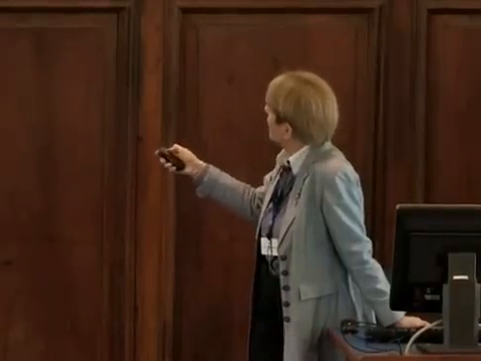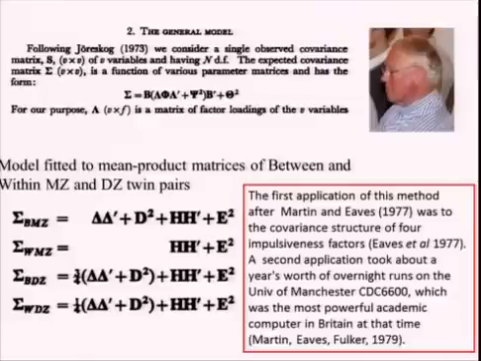So taking this Jinks and Fulker model, from the model that I just showed you at the individual level, we can derive the expectation for variance in the population. In the Martin and Eaves paper, there was a decomposition of multivariate data in mono- and dizygotic twins based on this particular model.